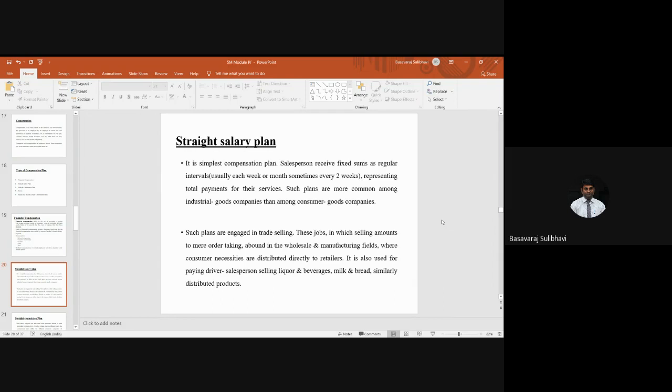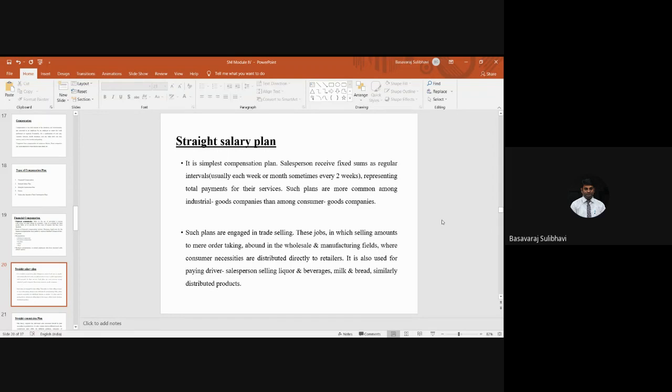Fine. So it is the simplest compensation plan, where a salesperson receives a fixed sum at regular intervals. It's a fixed amount of salary those people are going to get, paid for a week, or for the month. So these are regular intervals, we say.